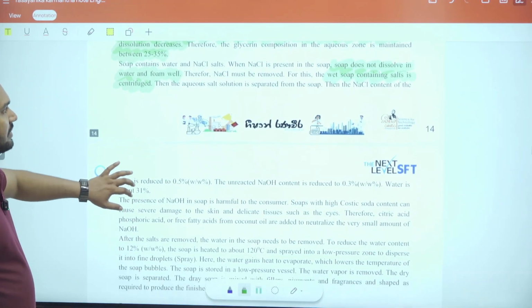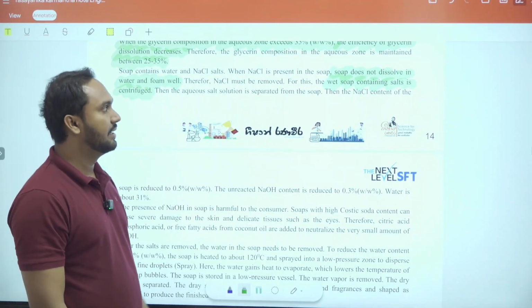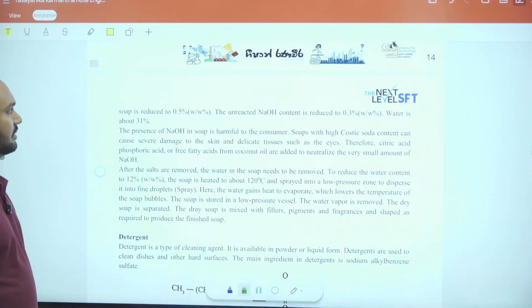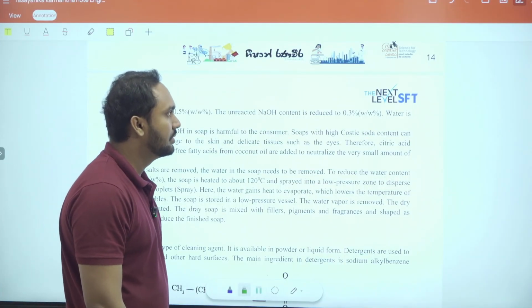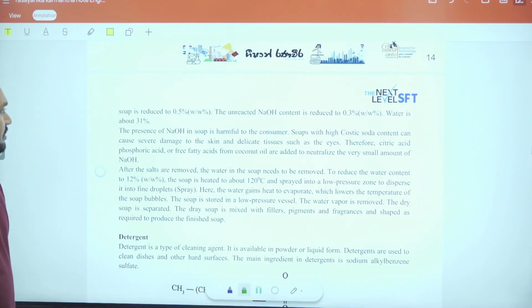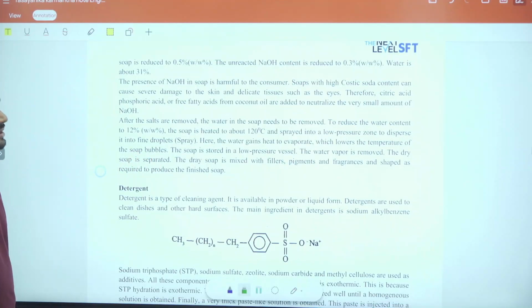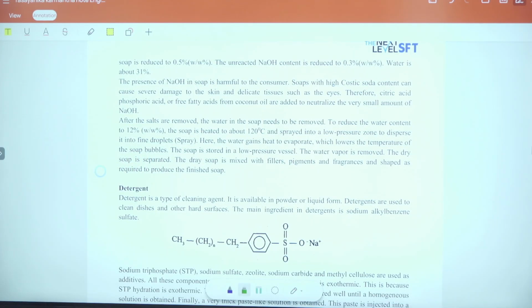Then the aqueous salt solution is separated from the soap after centrifugation. Then the NaCl content of the soap is reduced to 5%. The unreacted NaOH content is reduced to 3%. Water is about 31%. The presence of NaOH in the soap is harmful to the consumer. Soap with high caustic soda content can cause severe damage to the skin and delicate tissue such as the eyes.